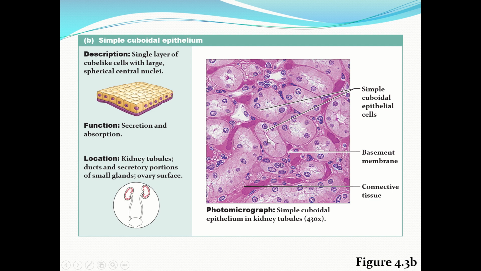You can see a perfect cube-shaped cell where my cursor is at this moment. And the apical surface is going to be facing the interior boundary or lumen of the tube. That's where the urine will pass through. And then the basal surface is going to be on the basement membrane attached to the underlying connective tissue.